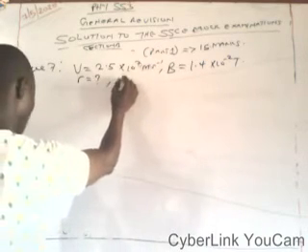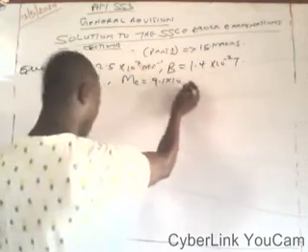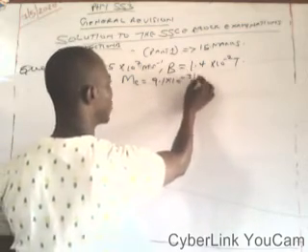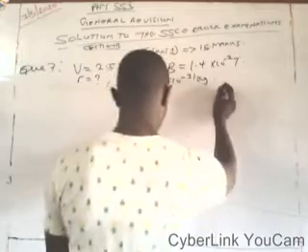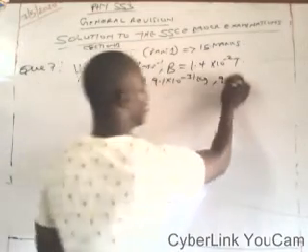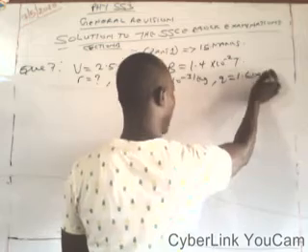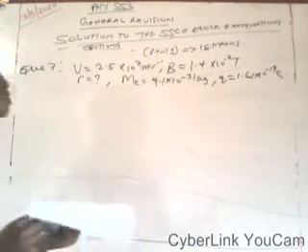We are also given the mass of the electron, m subscript e, where e stands for electron, to be 9.1 × 10^-31 kg. Lastly, we are given the charge on the electron, Q, equal to 1.61 × 10^-19 coulombs.